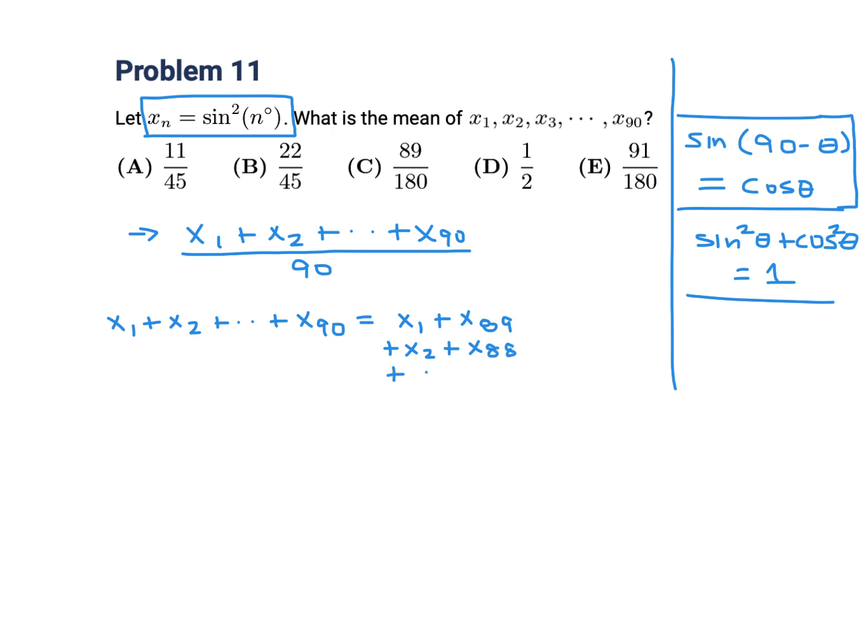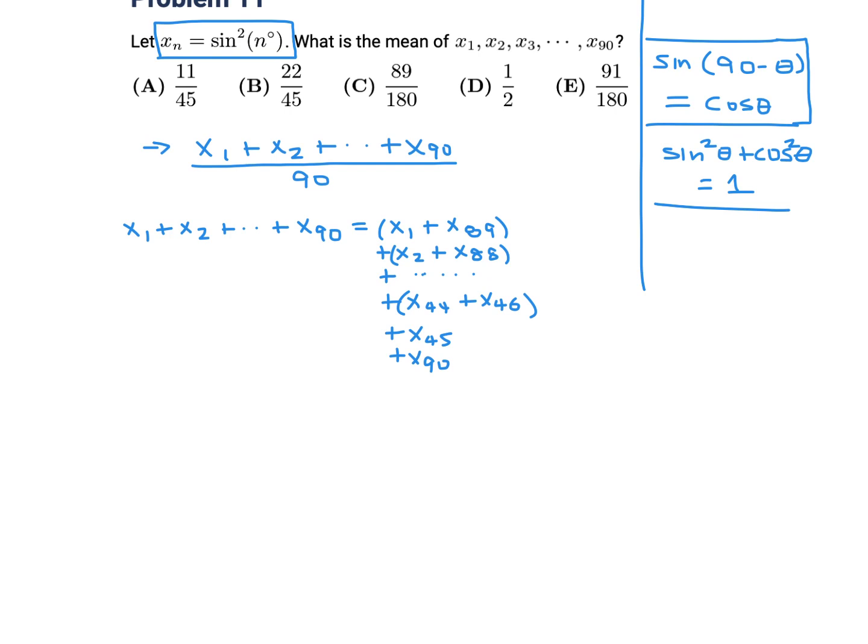You get the point. And at the very end, there'll be two left over that we can't group, because we're going to eventually get to x44 plus x46. And then we did not group x45, and we did not group x90. Those are on their own, but all these ones, dot, dot, dot, we did.